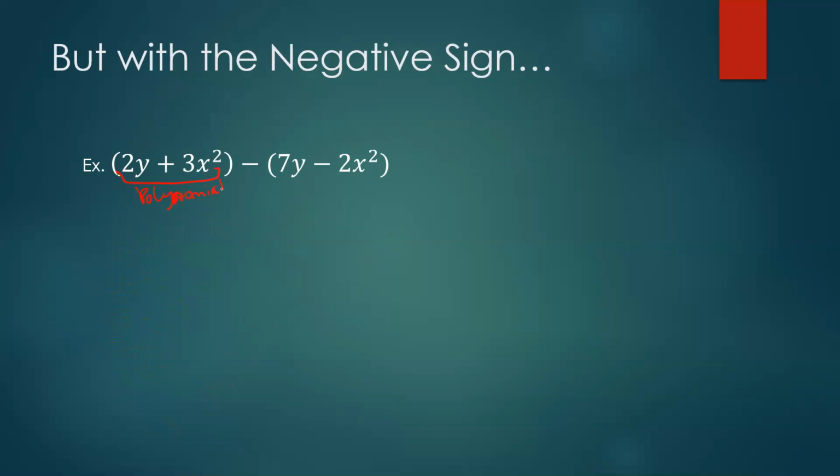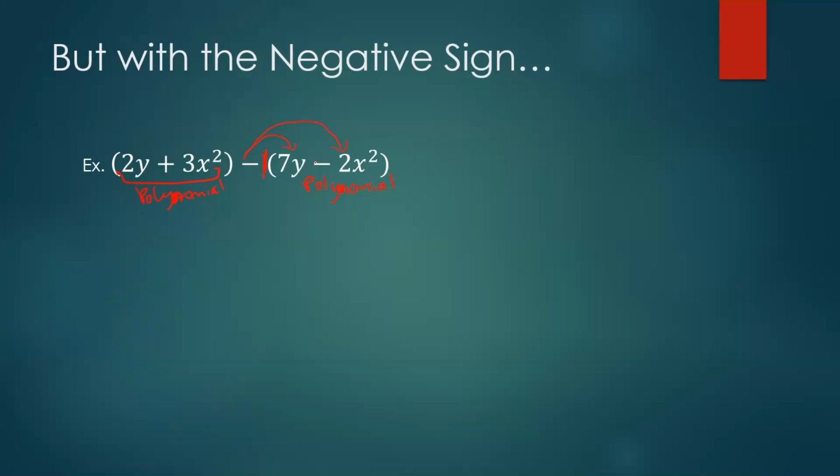Sorry, I'm just trying to write it a little bit neater. This is the first polynomial, and then here I'm subtracting off another polynomial. Because I'm subtracting off that second polynomial, I have to think of this negative sign as if there's an imaginary 1 in front of it, and I'm distributing that negative sign amongst the terms in the brackets.